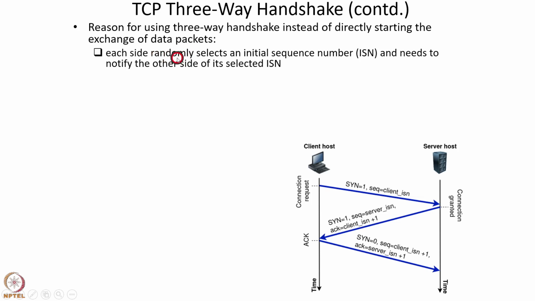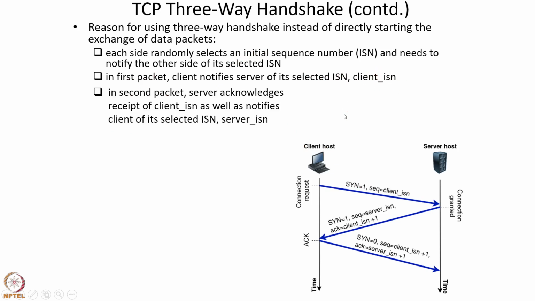That is, each party needs to inform its initial sequence number to the other party. So in the first packet, which is this one, the client notifies the server of its selected ISN, which is client ISN. And in the second packet, the server acknowledges the receipt of client ISN and notifies the client of its selected ISN, namely the server ISN.